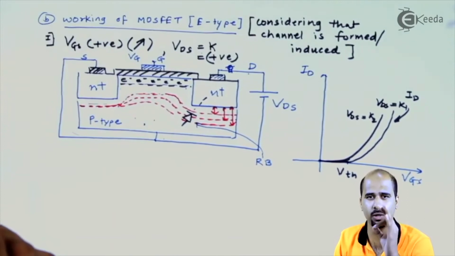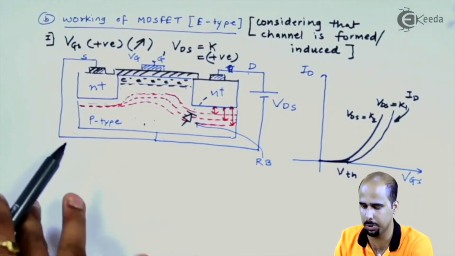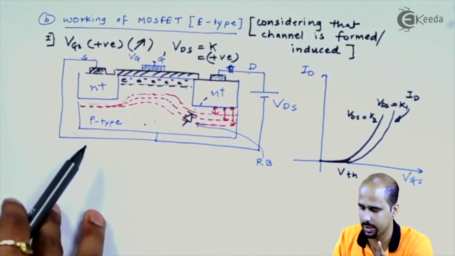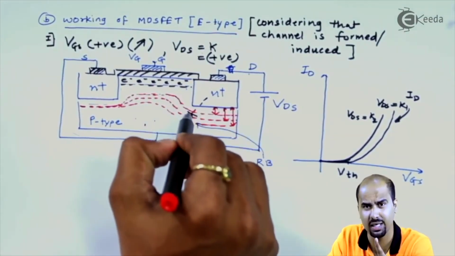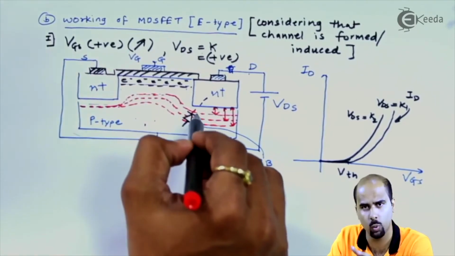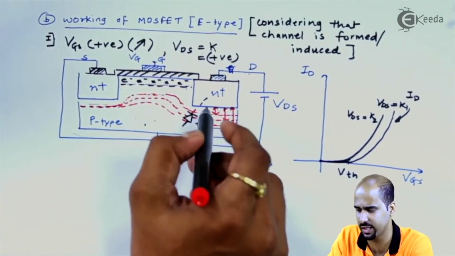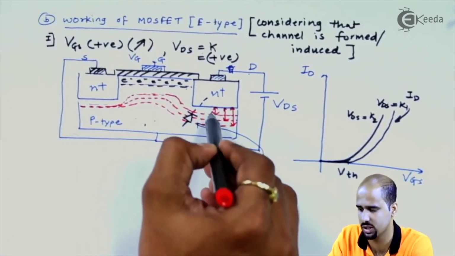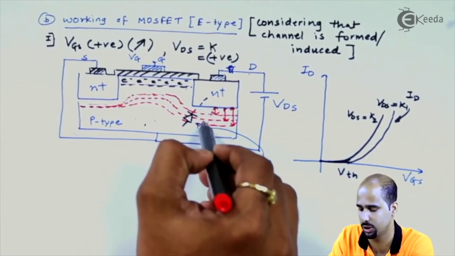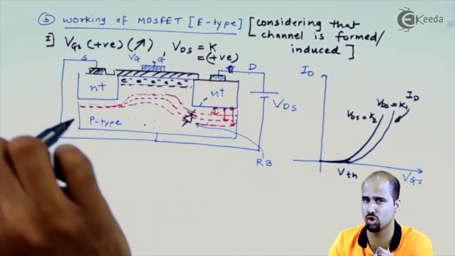No. This is a very important question that will be bombarded in your viva: why does the drain side get more and more incremental depletion region width and not the source region?